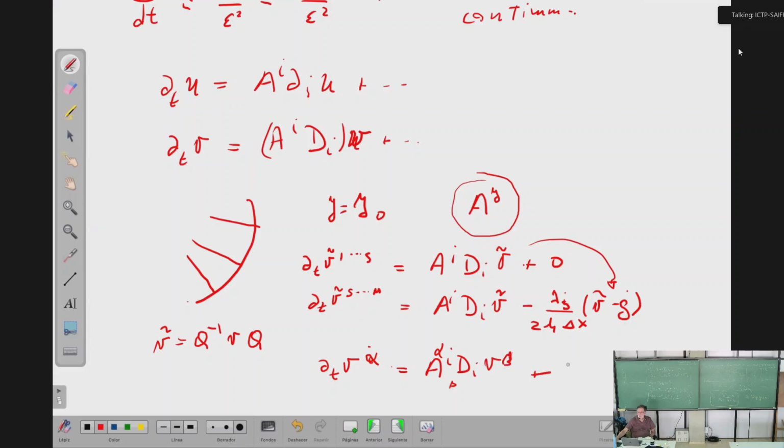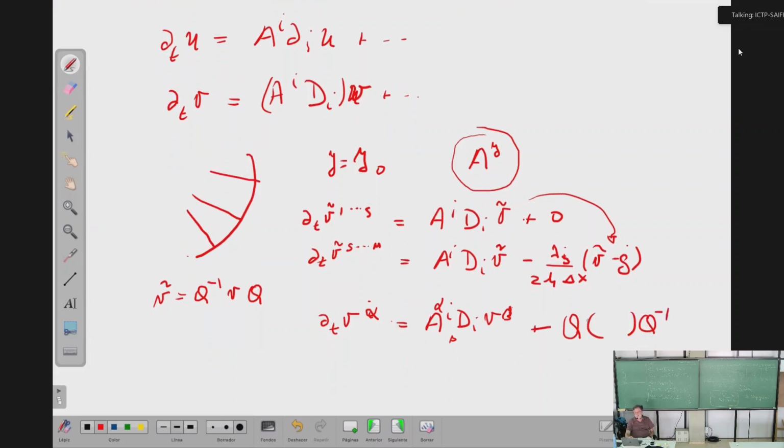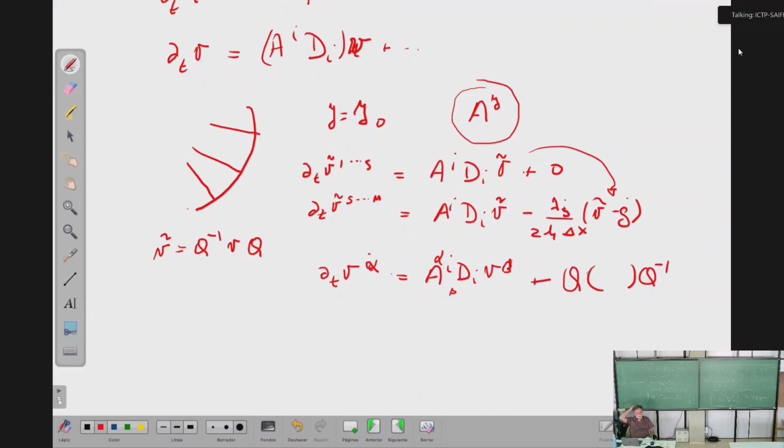And here you get something which has been transformed: Q, this, Q minus 1, right? So you have to write down what this thing is and then put it back. In a big system, it's a mess. It's not easy, but you can do it.